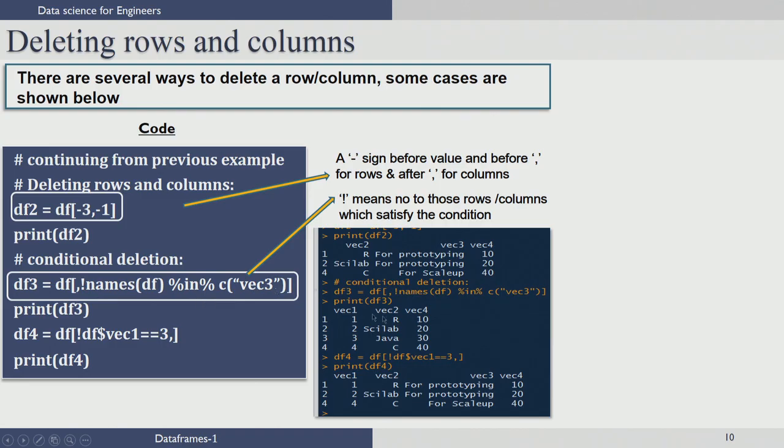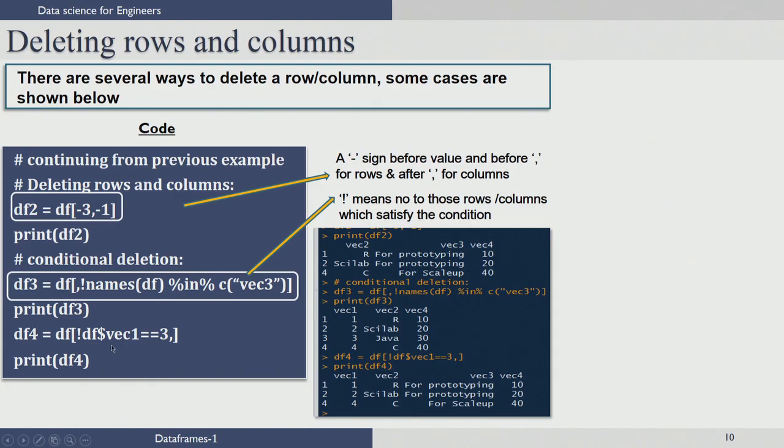That means, we want to access vector 2, vector 4 and vector 1. So, this exclamation symbol says no to the columns that have the column name vector 3, and I am assigning that to data frame 3. When I print data frame 3, you can see that there is no column vec 3 in the data frame which we are looking for.